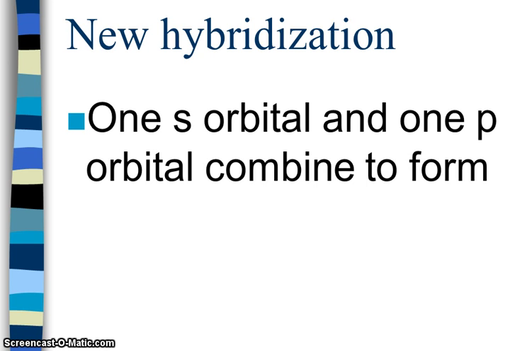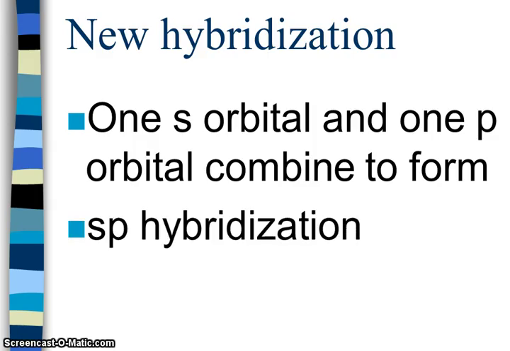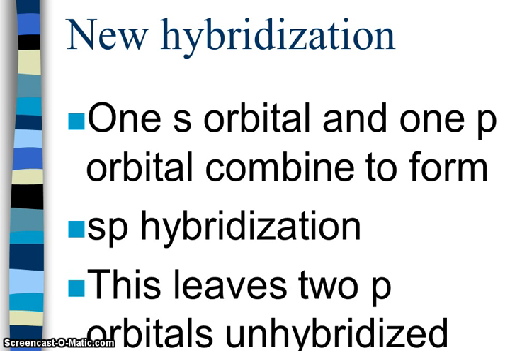Now let's look at the carbon. The carbon only has two effective pairs coming off of it. So we're going to have one s and one p orbital involved in our hybridization. We're going to call this sp hybridization. This is going to leave two unhybridized p orbitals around our carbon.